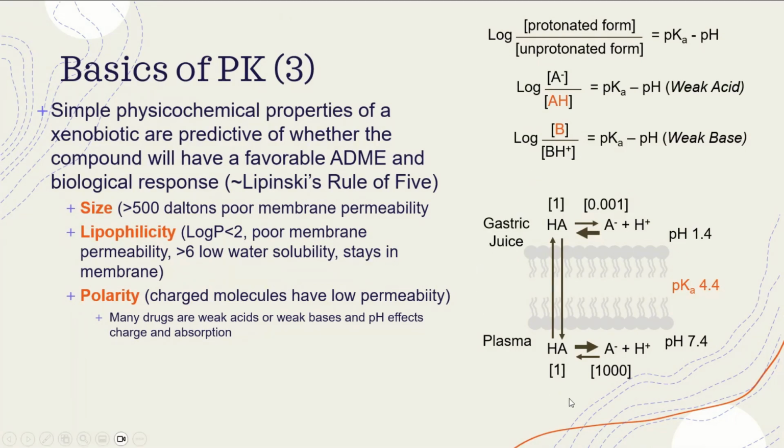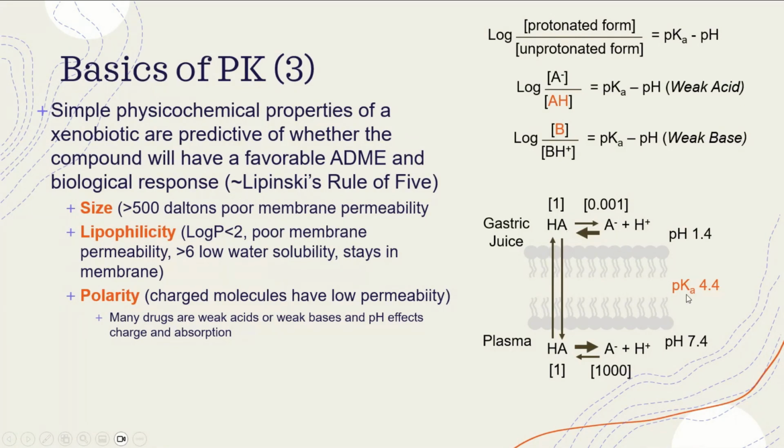What I've shown here is a very simple example where the uncharged drug is the one that's able to cross that membrane because it lacks polarity, and if it has the right lipophilicity, it can cross this membrane. But again, this is driven by polarity and acid-base balance.